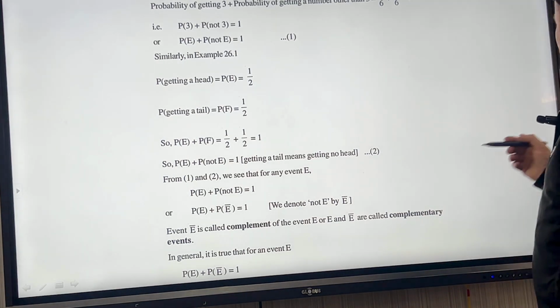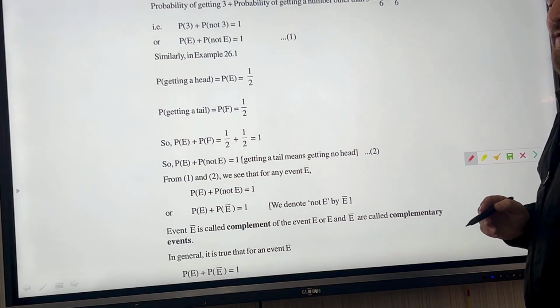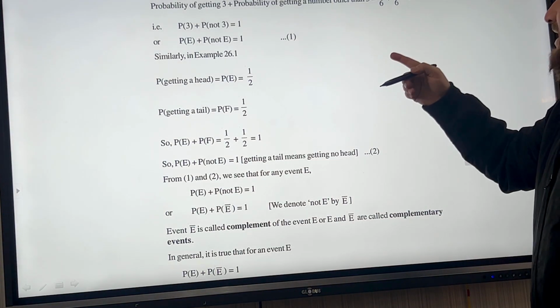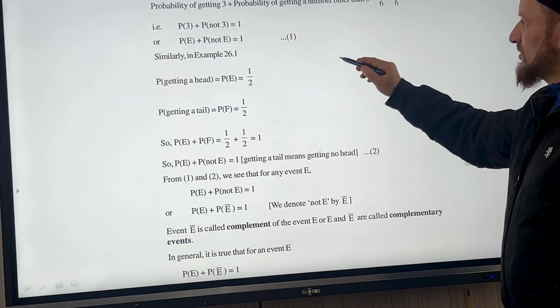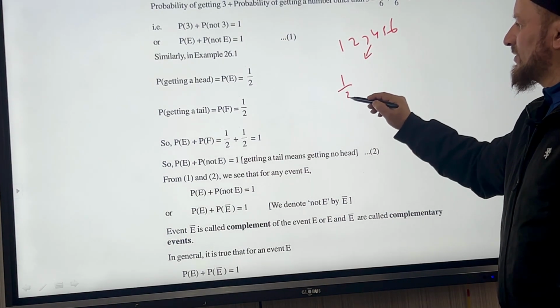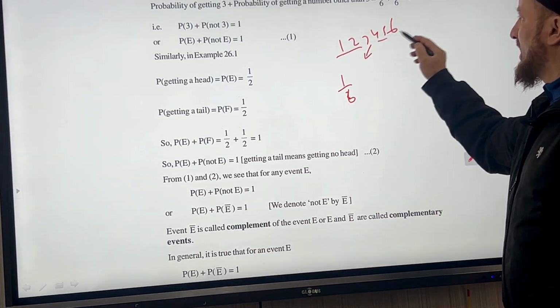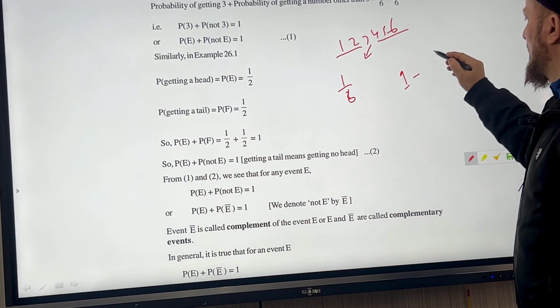What will be other than 3? 3 नहीं आया. यानी कि ये किस में है? Rolling the dice. See, what is it? 1, 2, 3, 4, 5, 6. What is the probability of 3? That is 1 by 6. So what will be the other than 3 are these guys? That will be 5 by 6. Or in other words, we can say 1 minus 1 by 6.